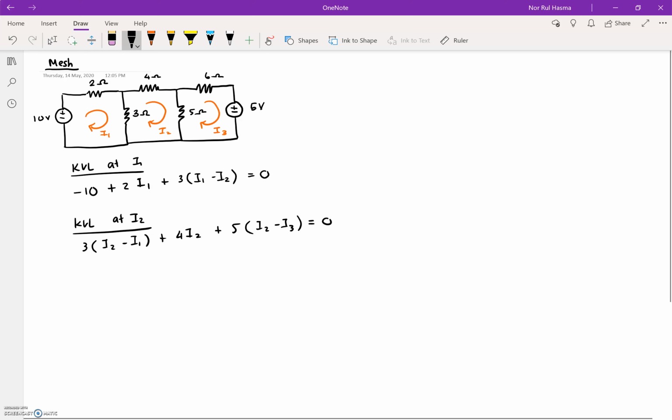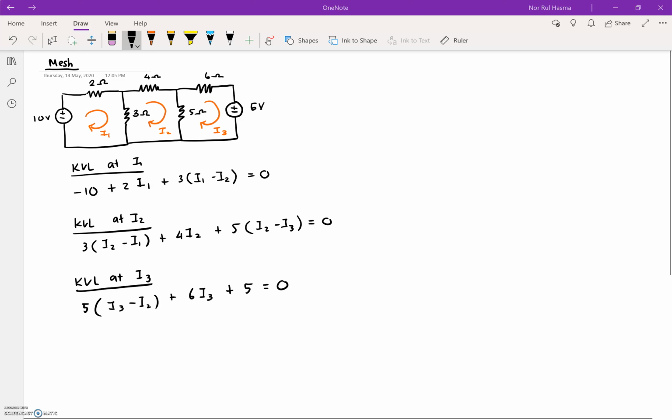And then for the third loop, which is KVL at I3, so 5 times I3 is dominant, minus I2, plus 6 I3, plus 5 volt is equal to 0.